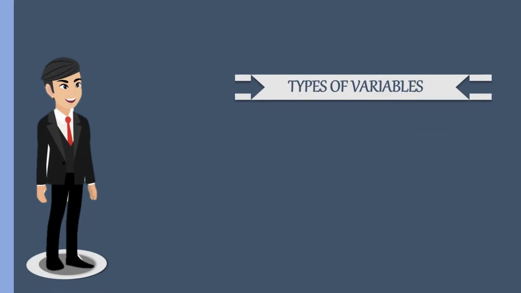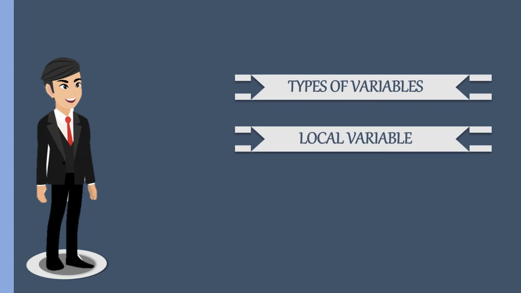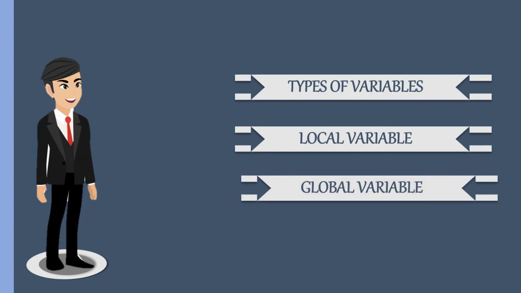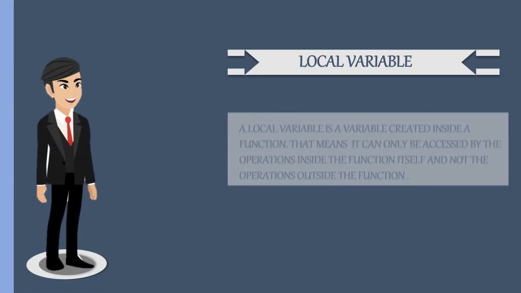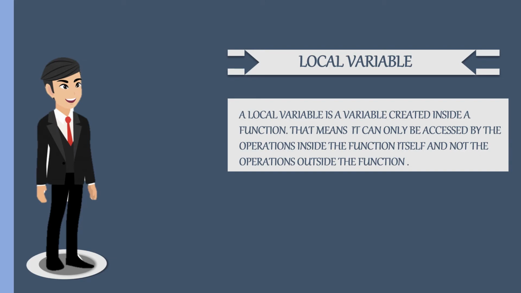Types of variables. There are two types of variables. 1. Local variable. 2. Global variable. Local variable. A local variable is a variable that is created inside a function. That means it can only be accessed by the operations inside the function itself and not the operations outside the function.